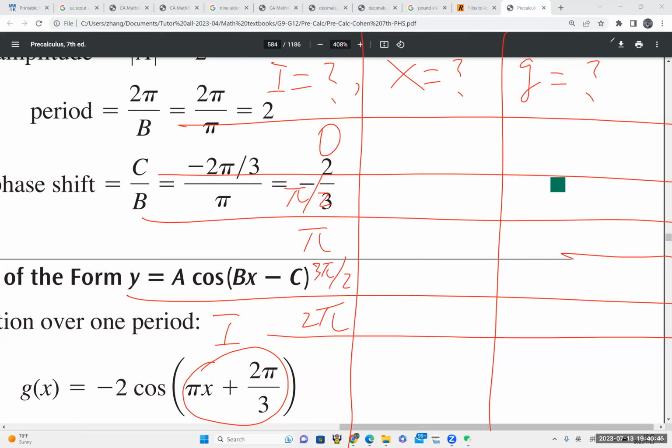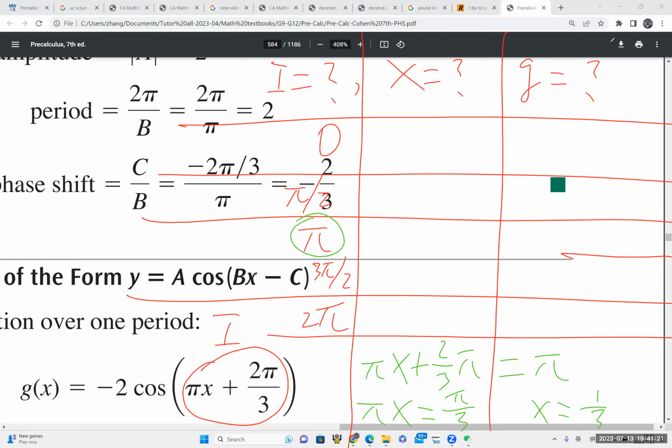How about I take the middle, pi? If I equal to pi, then pi x plus 2 pi over 3 equal to pi, so pi x equal to, not negative, just pi over 3, right? Then x equal to 1 over 3.